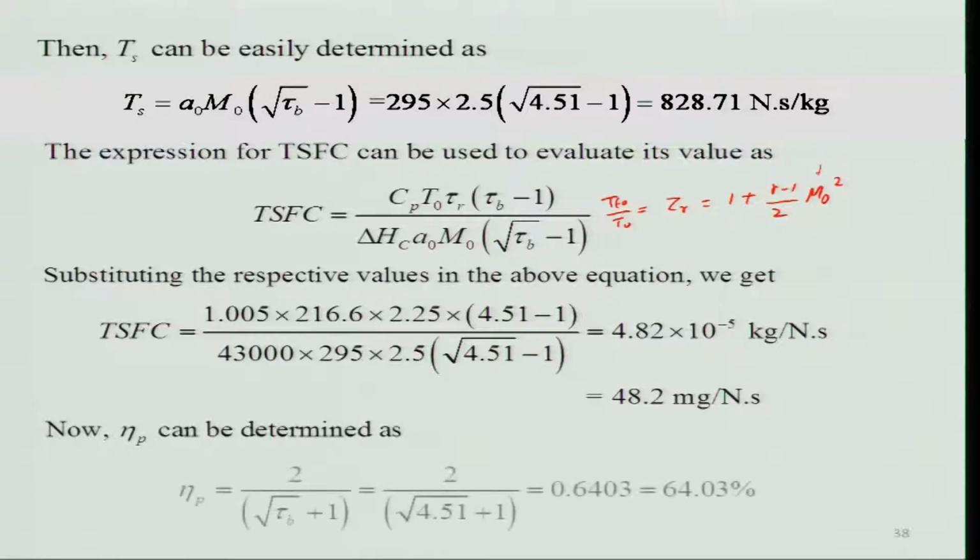And propulsive efficiency can be determined very easily. If you substitute this tau R in this place, you will get 64.0. Keep in mind that I need to multiply by 100, right? So in percentage, we always feel comfortable. Therefore, we put that, right?